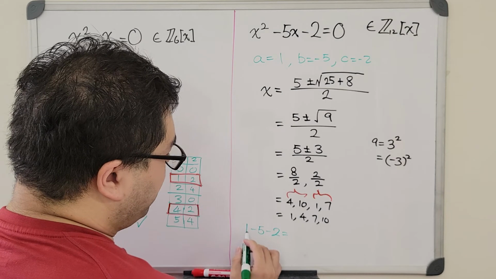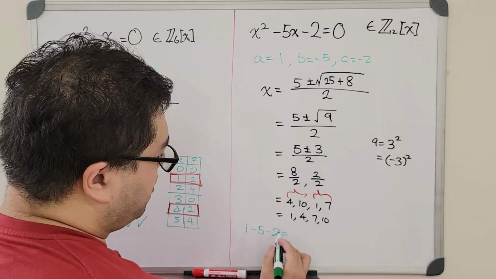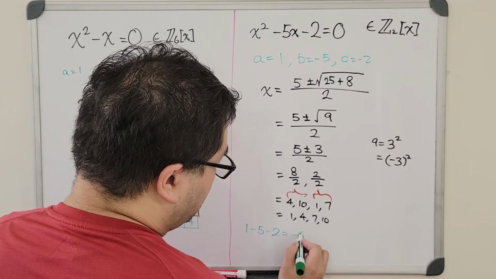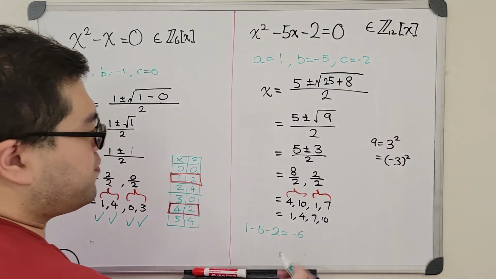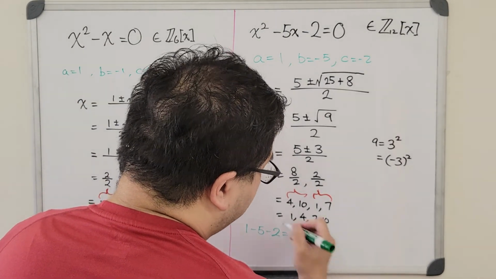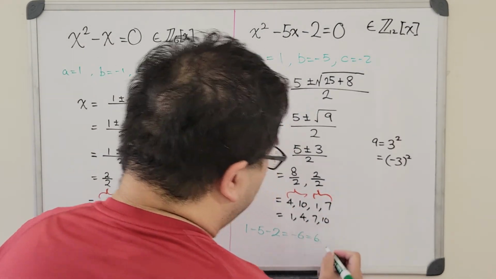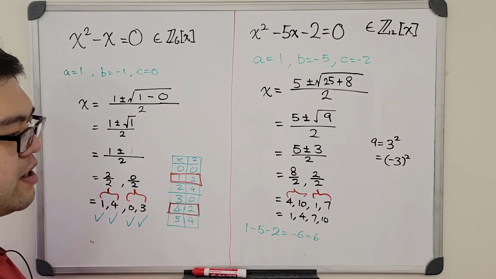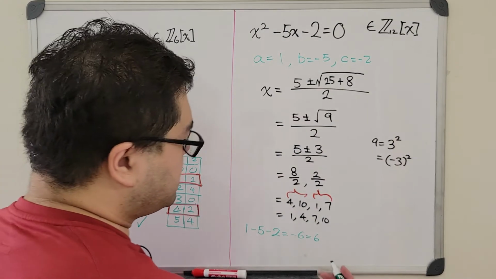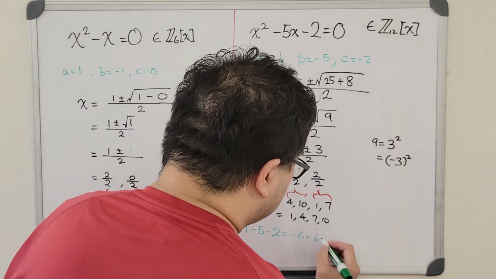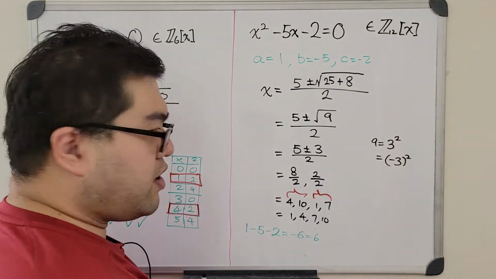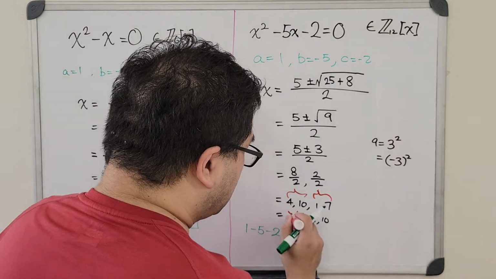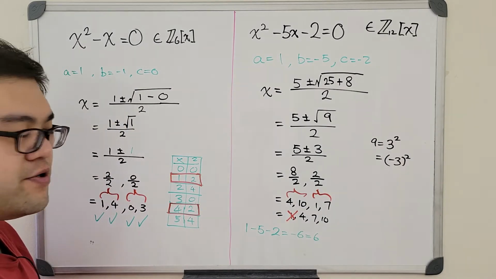That gives us 1 minus 5, which is -4, minus 2 is -6. And we're in mod 12, so we can add 12 to get an element. We end up with positive 6, but that is definitely not 0. What does that mean? It means that 1 is in fact not a valid answer.